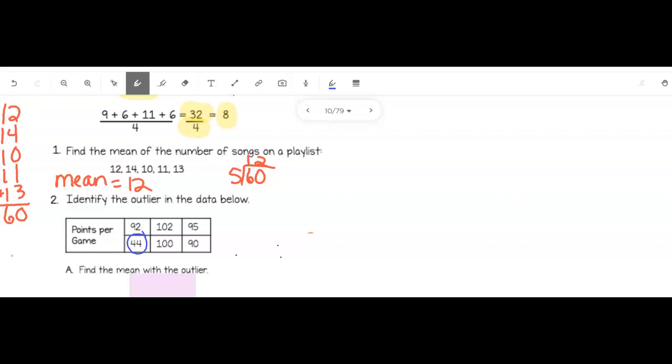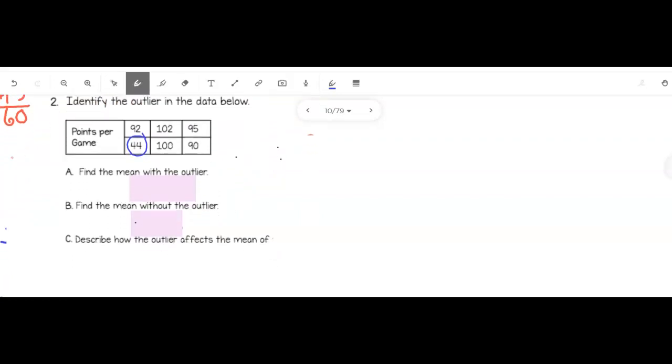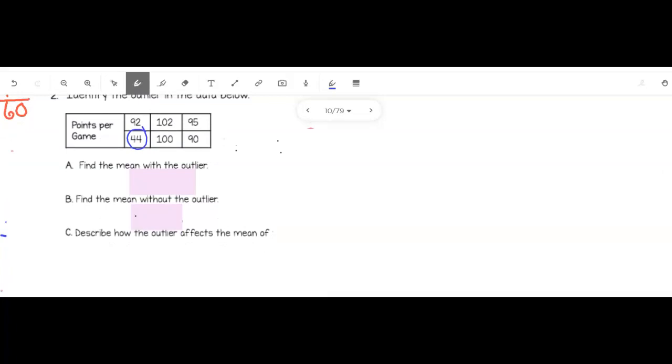Okay, continuing here. All right, so we're going to use that table and the set of numbers. First up, we are going to find the mean without the outlier. We're going to actually do this part first. I'm going to write the numbers over here.